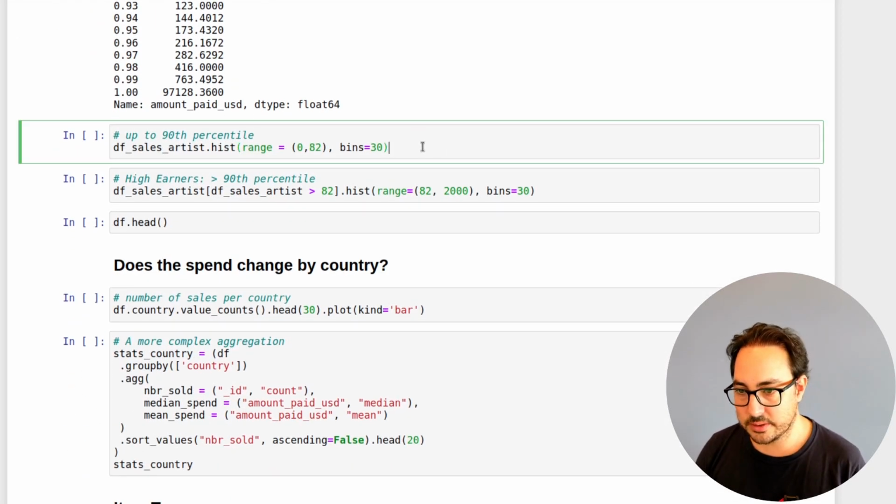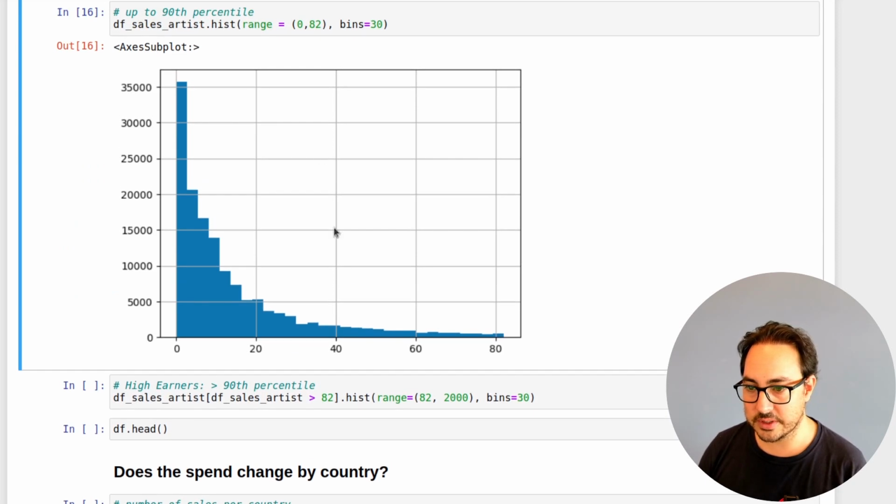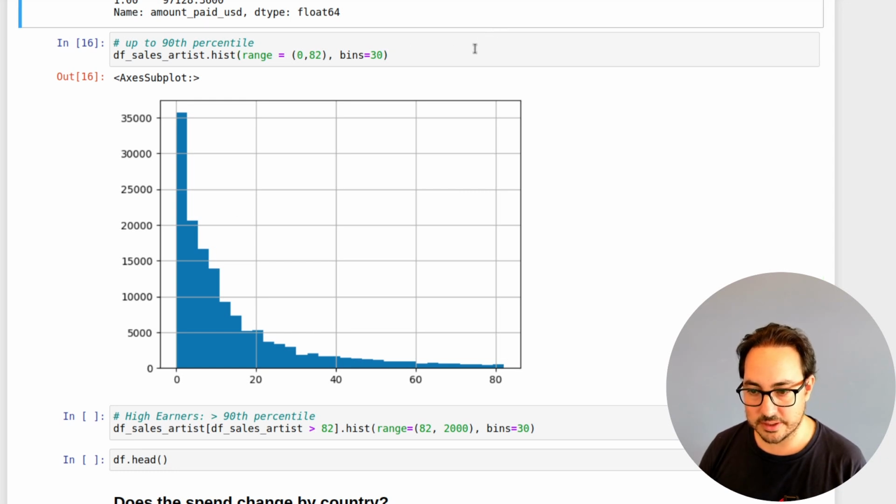So these are from 0 to the 90th percentile. This is how the distribution looks. Here I'm filtering the data and just showing 0 to 82 values, and selecting 30 bins, which generally works well. Okay, we can see that this distribution is very positively skewed.